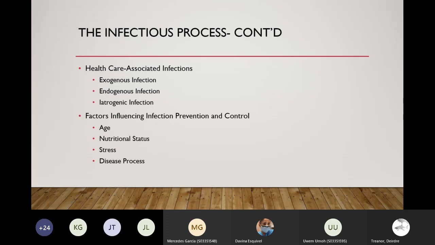Looking at nutritional status, a decrease in protein and other nutrients decreases body defenses. Stress also decreases the immune system. And then some disease processes. So you have diseases that affect the immune system. Chronic diseases can cause debilitation.